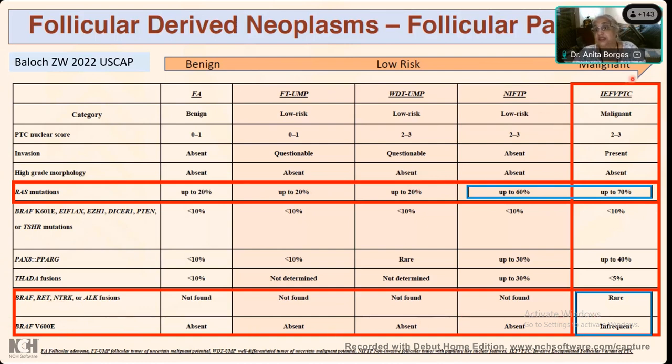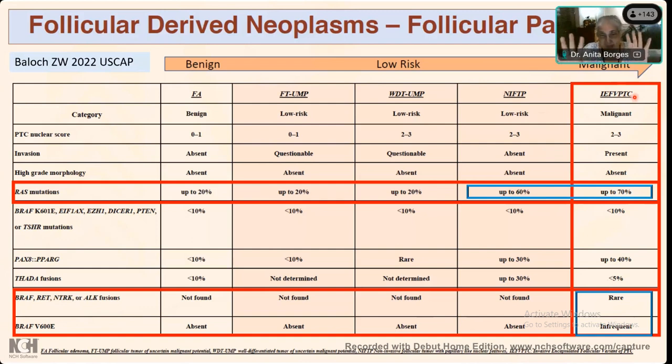And this tumor, which they are calling follicular variant of papillary thyroid carcinoma, it's extremely rare to get any of these mutations. It's absolutely infrequent, and it is absent in NIFTP. So why are we calling these things papillary thyroid carcinomas, except that we want to be perverse, okay?